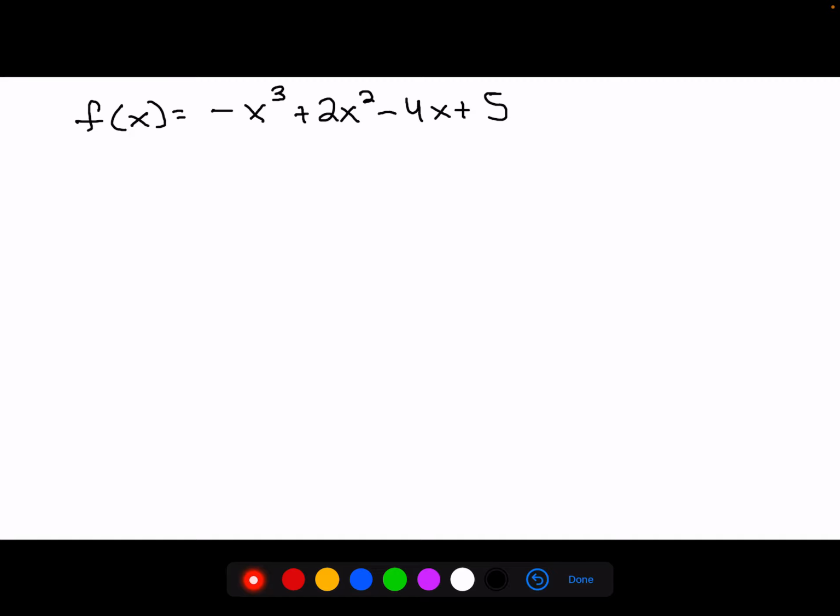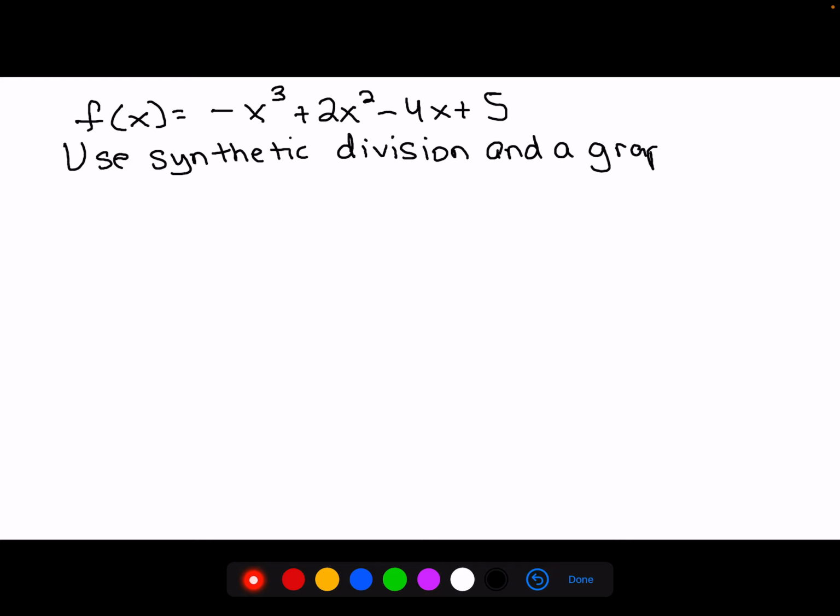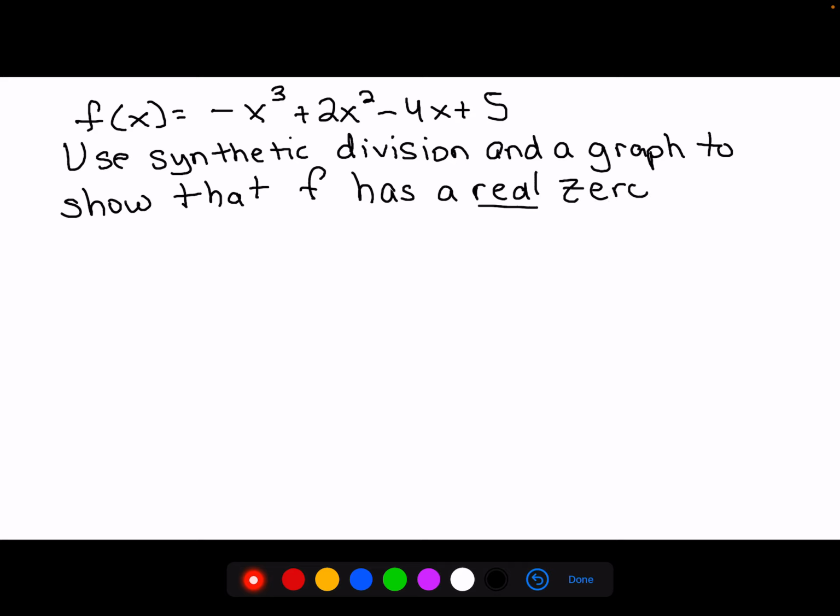And they might say, use synthetic division and a graph to show that this function, the f, has a real zero between 1 and 2. We're talking real here. We're not worrying about the non-real.